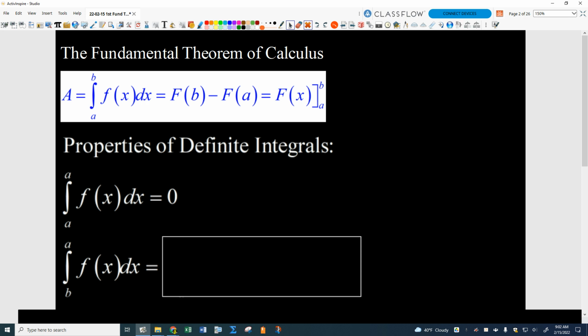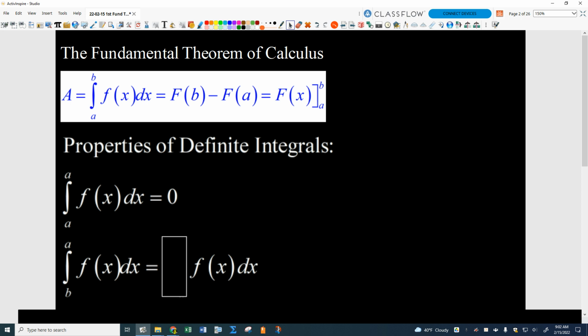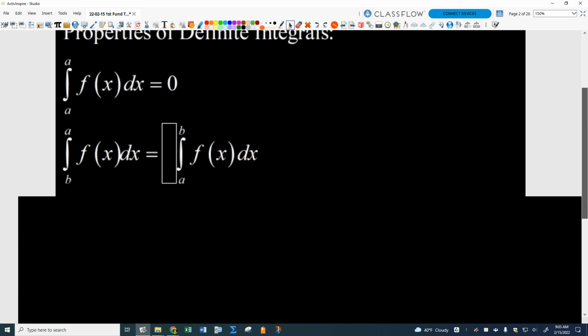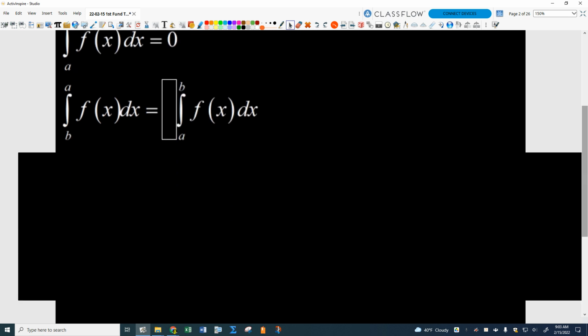Okay, now what about this bottom one? What I'm looking for here is, how is this related to this integral? Negative, that's right. Does that make sense? Okay, how come? Well, let's just make the assumption for a second that b is less than a.